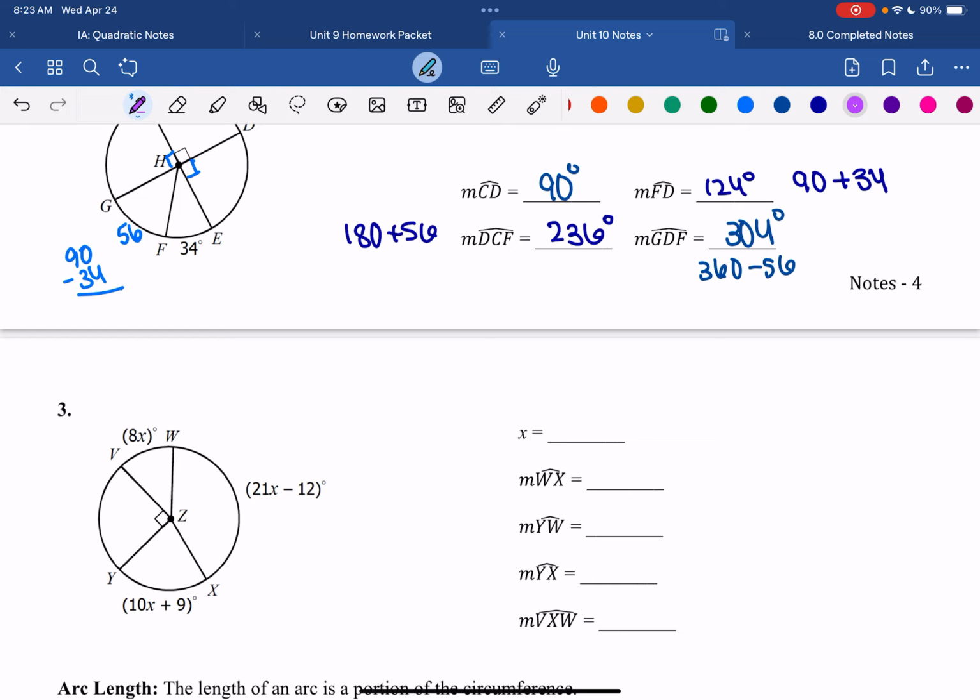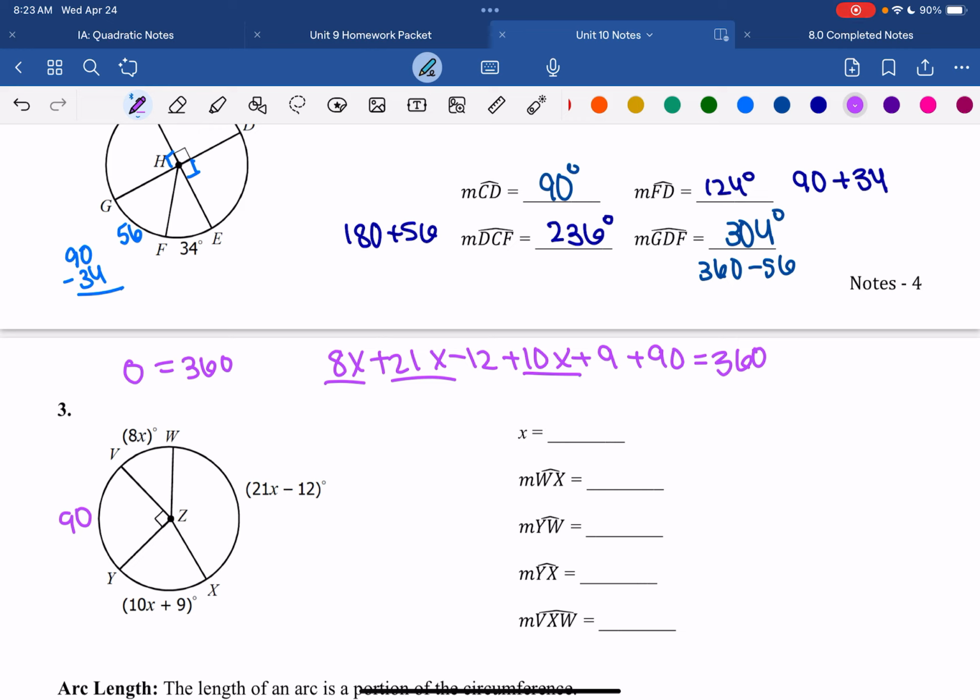x. So there's a couple different ways we can do this. Easiest way to remember is that a circle is equal to 360. So we're going to take all of these measures and put them equal to 360. Remember, this is 90. Okay, let's do some combining like terms.